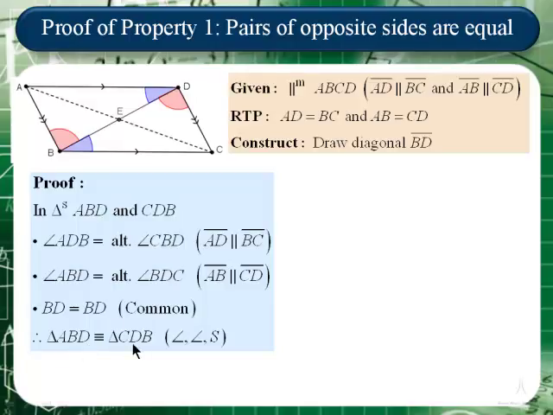So what do we see? We firstly see that angle ADB, which I've indicated in blue here, is equal to angle CBD, the other blue one. For what reason? Well, they are alternate angles because we know that line segment AD is parallel to line segment BC.